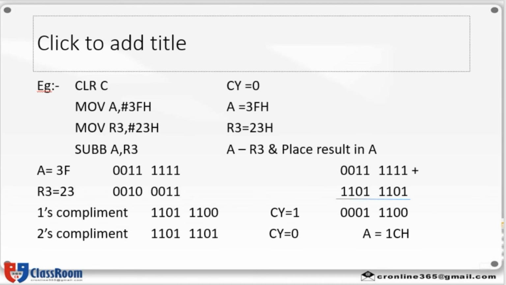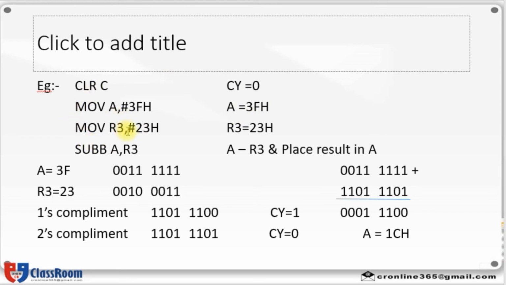For example, here I am using some instructions for performing the subtraction operation. CLR C: first the carry flag is cleared. Then MOV A, #3FH: A will be carrying this value 3F.